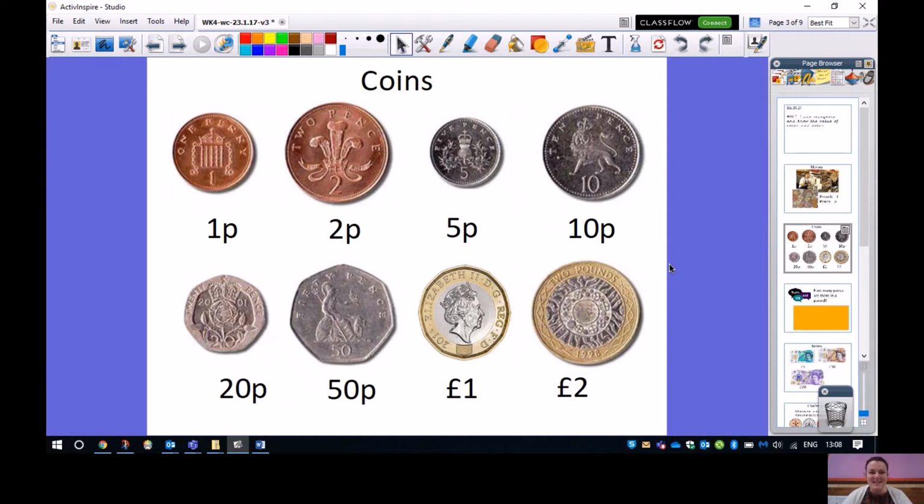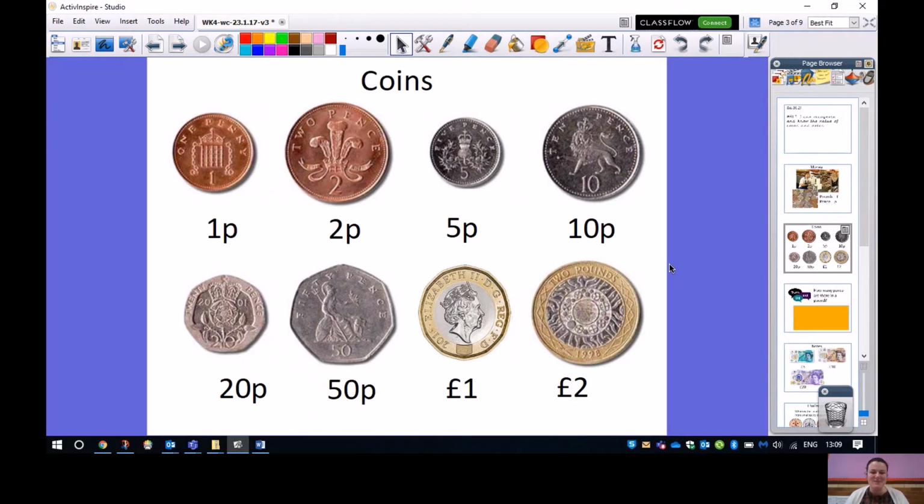You're right, I would need 5 1p coins to make 5p. If I've got a 10p coin, how many 10p coins will I need to make 20p? I can use my rolling fingers for that. 10, 20. 2 lots of 10 is 20. So I would need 2 10p pieces to make 1 20p.